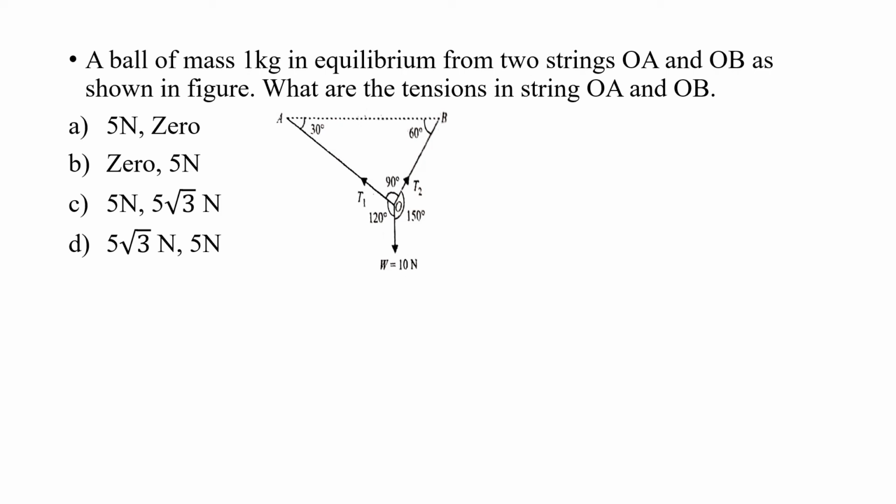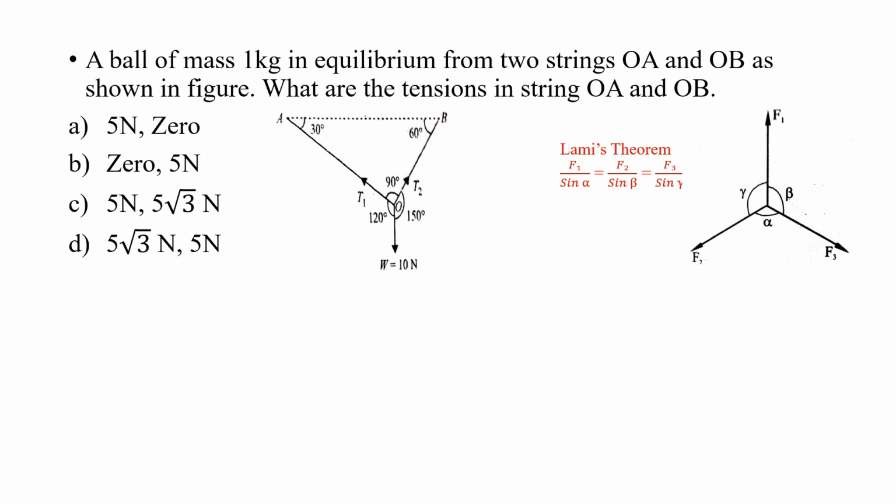Since three concurrent forces were given and all the included angles are known, you can use Lami's theorem for solving this problem. According to Lami's theorem, if three forces acting at a point are in equilibrium, then each force is proportional to the sine of the angle between the other two forces.